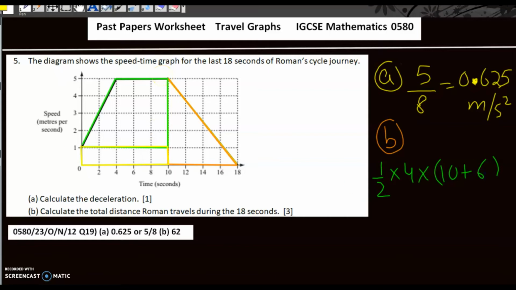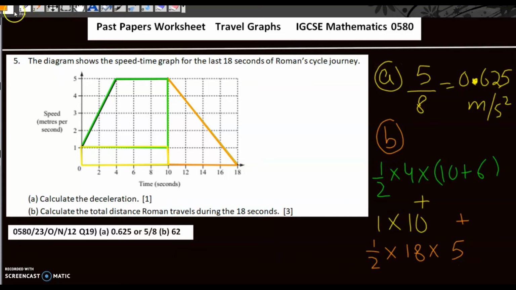Then area of the yellow rectangle, which will be length times width, and then area of the triangle, which will be half times base times height. So let's see, what do we get? 0.5 times 4 times 16 plus 10 times 0.5 times 18 times 5.